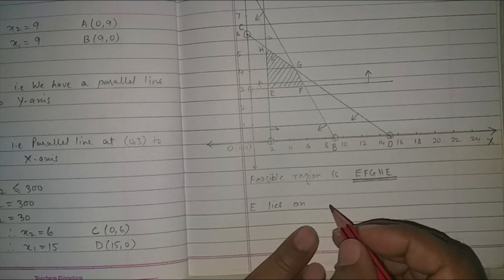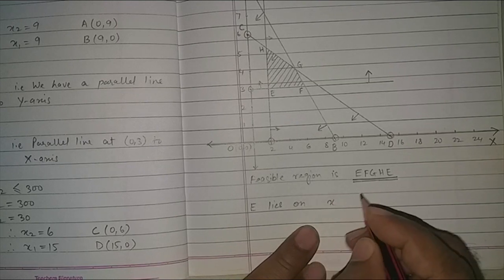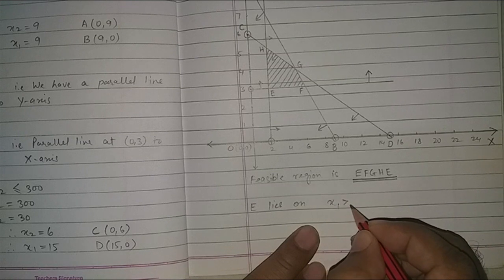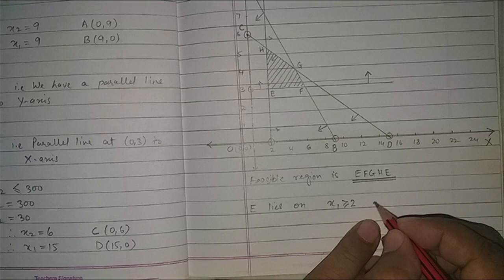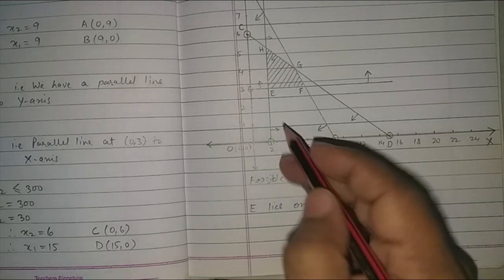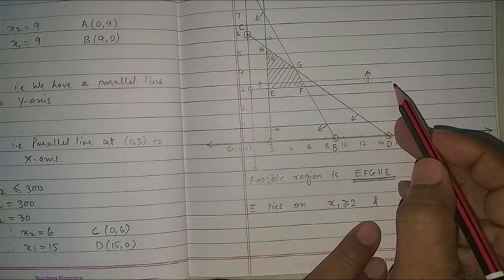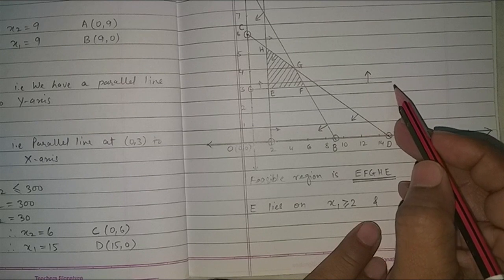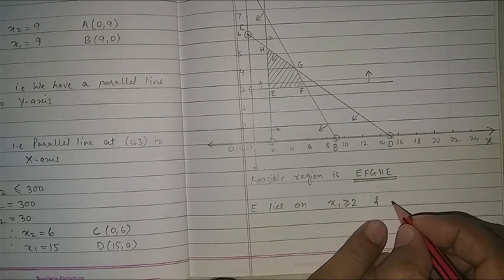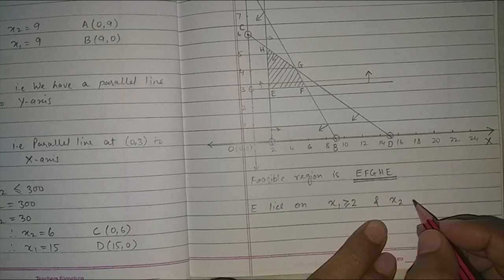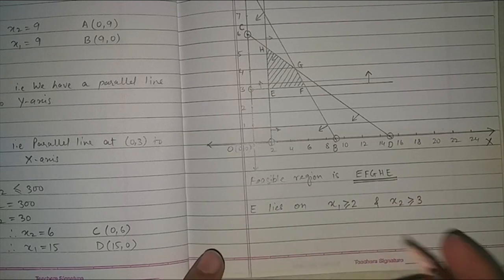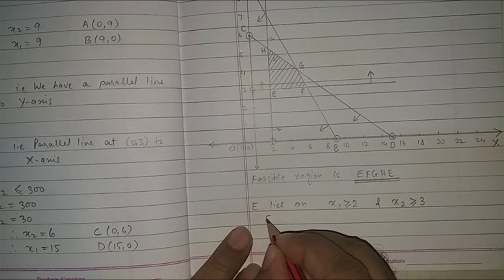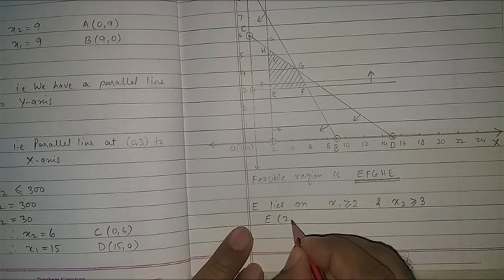The first equation is x1 greater than equal to 2. And the other equation says x2 is greater than equal to 3. Using these two equations, we can easily find out the E coordinate will be 2, 3.